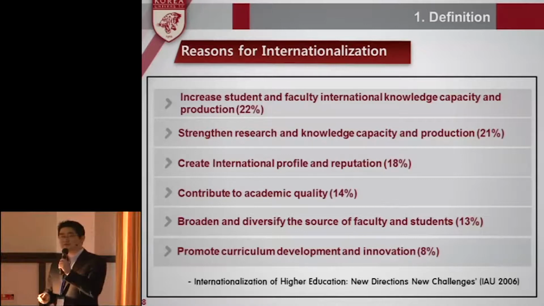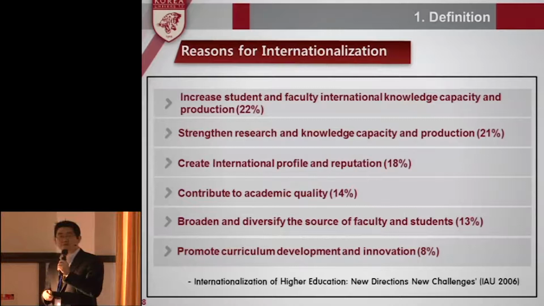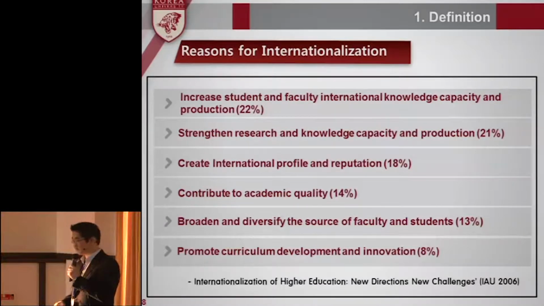Those are considered major reasons to internationalize universities. To sum this up, I think it is safe to say that the purpose of internationalization is to achieve academic excellence and to increase knowledge capacity by close collaboration among universities around the world.